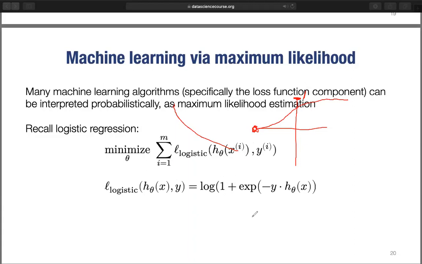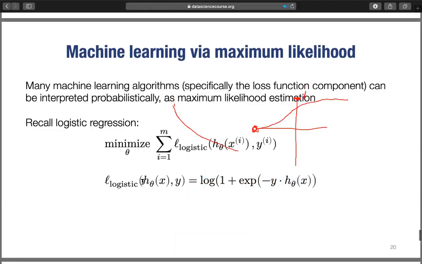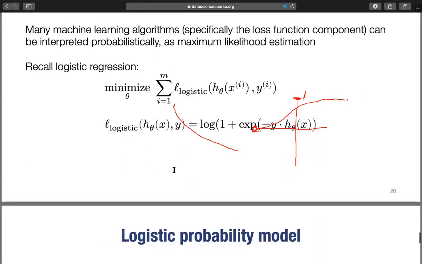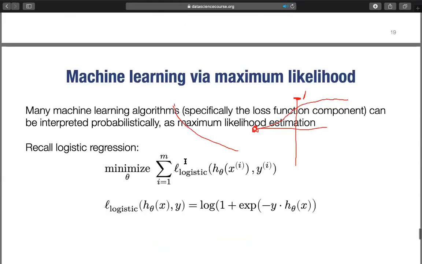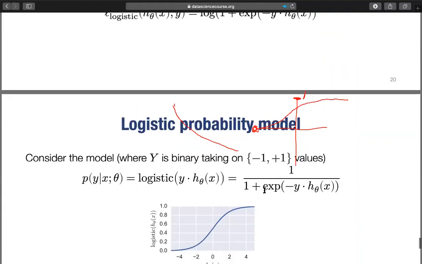So this equation we have here is what we described in the previous class, and that is what gives us this graph. But instead of having this to describe your logistic loss, what we'll have instead is this. This equation here is what gives us this new curve from 0 to 1.